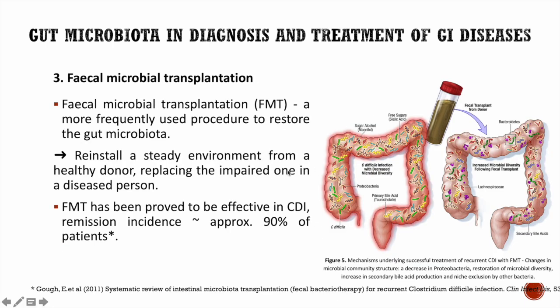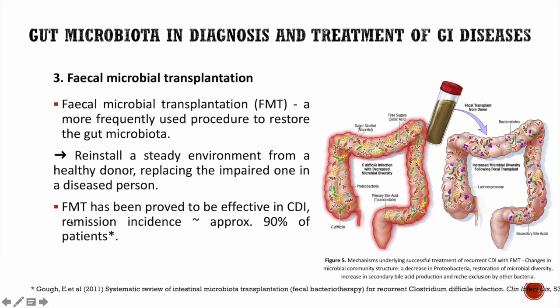Last but not least, fecal microbiome transplantation. Recently, fecal microbiome transplantation has become a more frequently used procedure to restore the intestinal microbiota. The target of FMT is to reinstall a steady environment of gut flora from a healthy donor, replacing the impaired community in a diseased person.